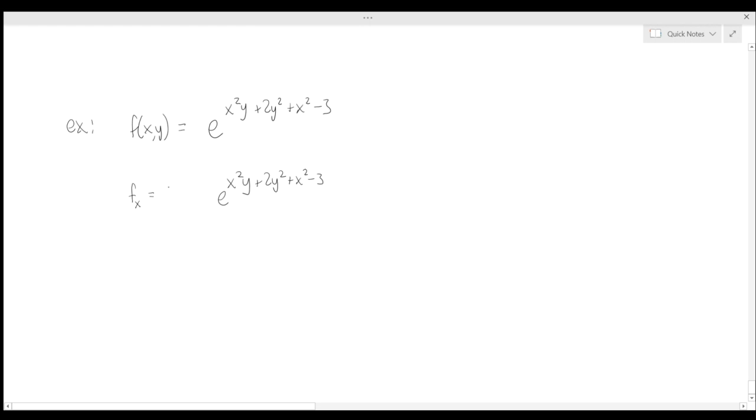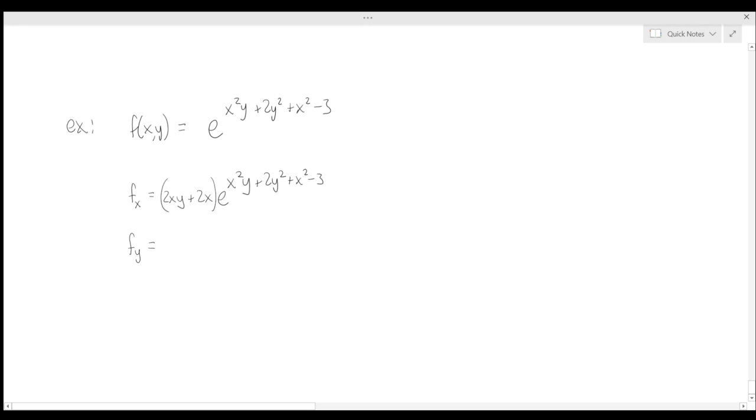And then you have to multiply by the derivative of the exponent. Here for fx, you'll want the derivative of the exponent with respect to x. Okay, so with respect to x, you're going to get 2xy plus 2x. Okay, so that's fx.